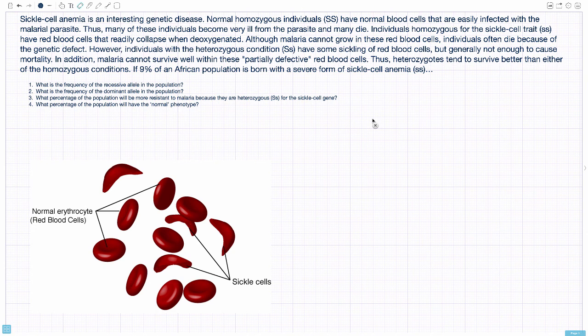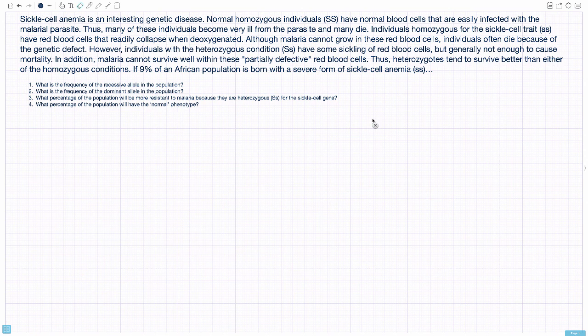Okay, so what this is saying is that 9% of an African population is born with a severe form of sickle cell anemia, and it's asking for these four things. The first one is the frequency of the recessive allele in the population.